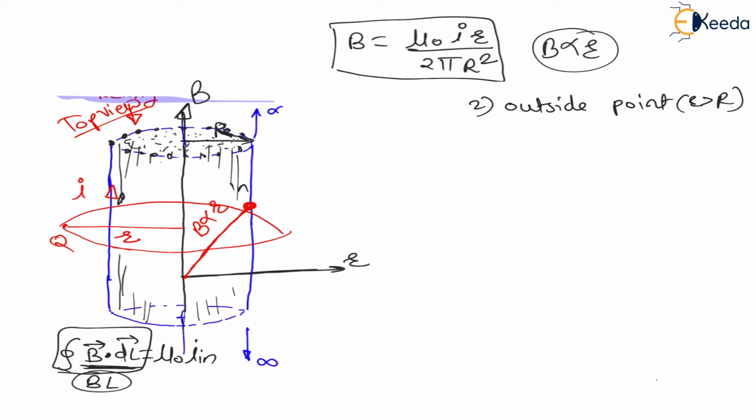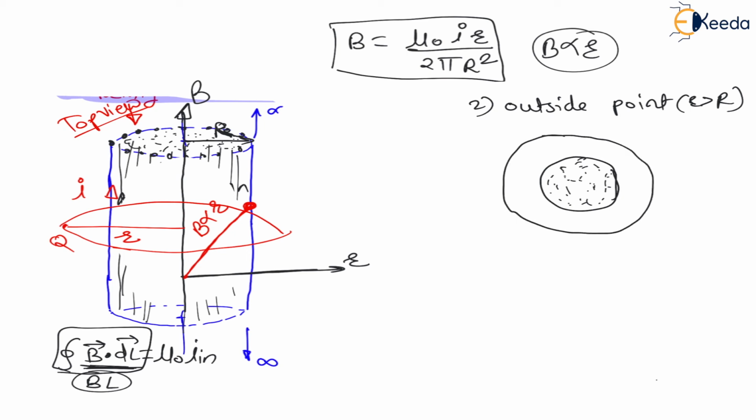And if you check here, the wire will be like this, and through this wire at each and every point current is flowing uniformly outward. Outward means dot, inward means cross, already we have seen. And the Amperian loop is outside this wire, right? Here it is a wire. Wire radius is capital R, Amperian loop radius is small r, right?